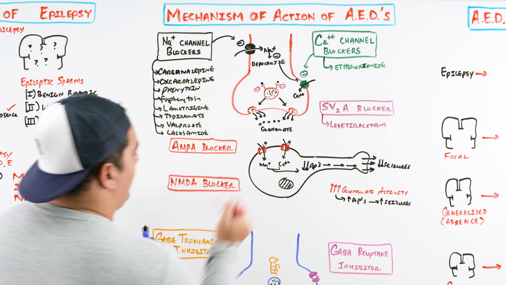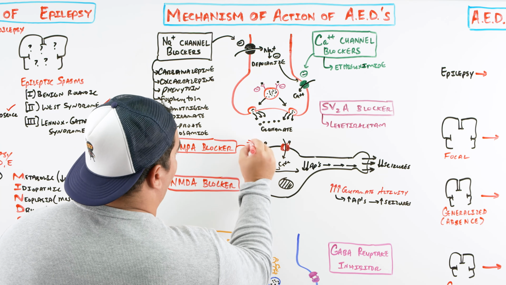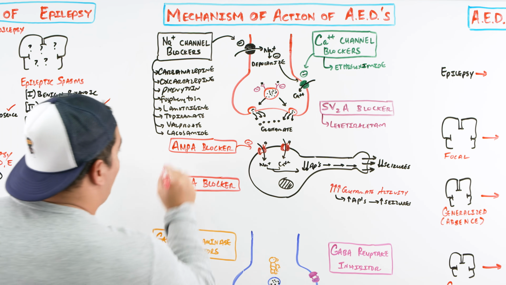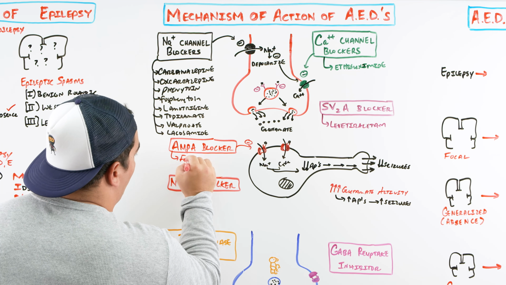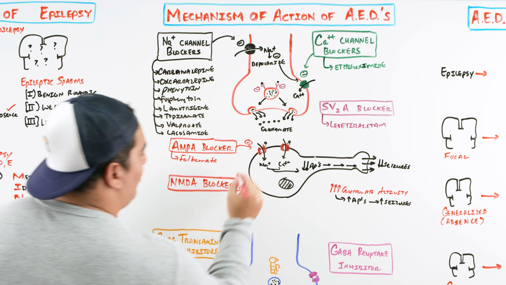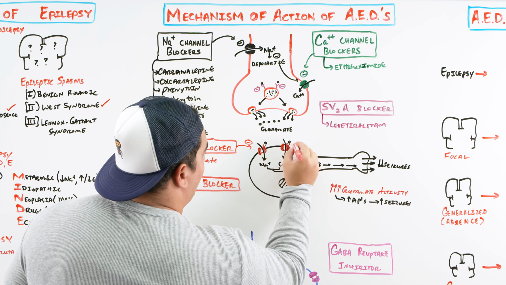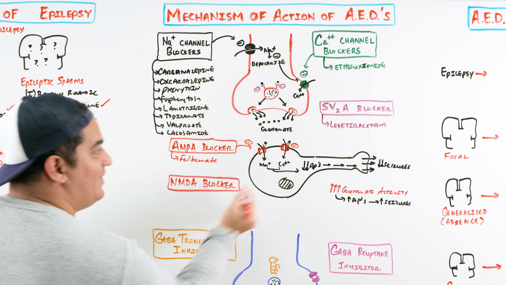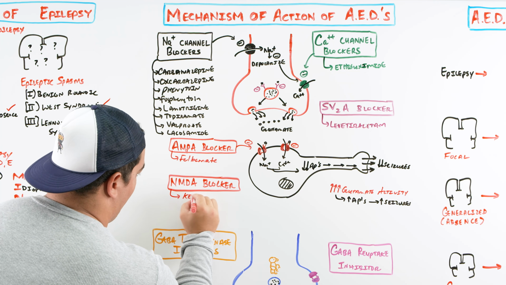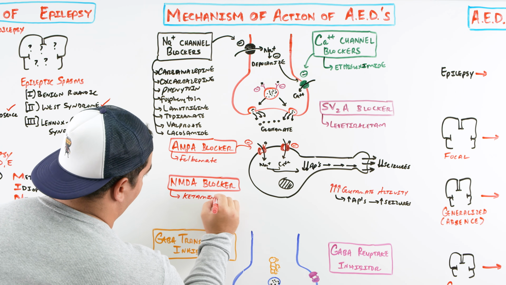So we're going to inhibit this particular channel, preventing glutamate from binding into it and causing sodium influx. The primary drug in this one is called felbamate. Then we have another one which is going to inhibit this particular one, and that's the NMDA receptor blocker. The primary one that I want you to remember is going to be ketamine.